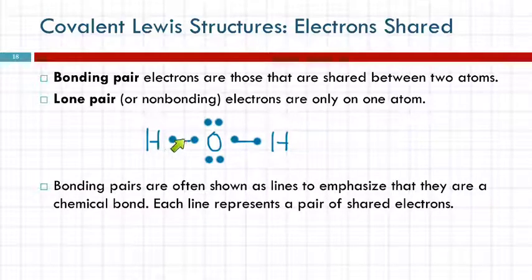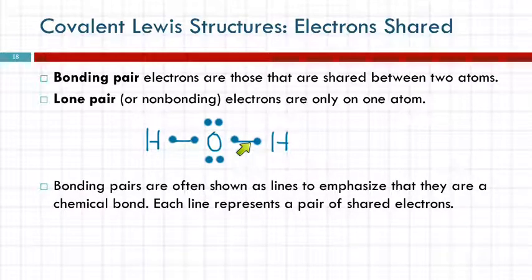This is a pair of electrons. A pair is 2, in case you were wondering. So this pair is being shared between the 2 atoms. That is creating a bond. When you share something with someone, it kind of brings you together, right? You can't effectively share without having some sort of a relationship.